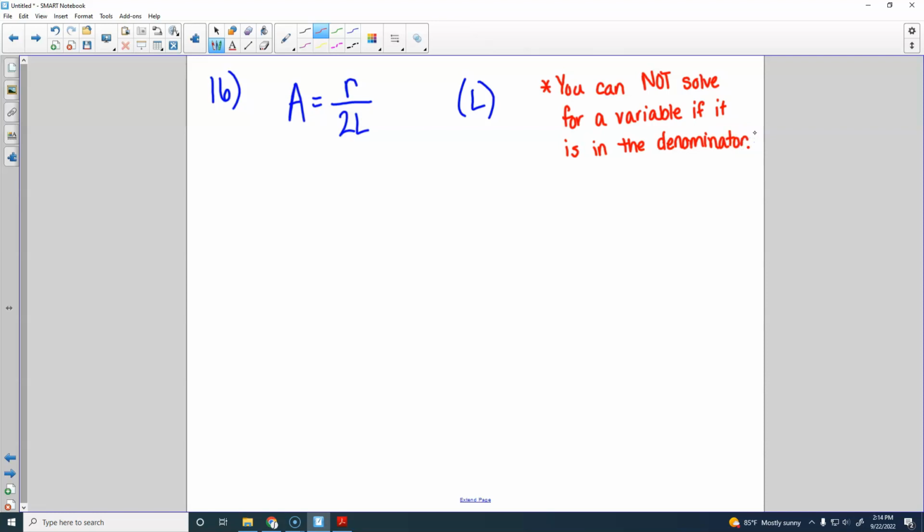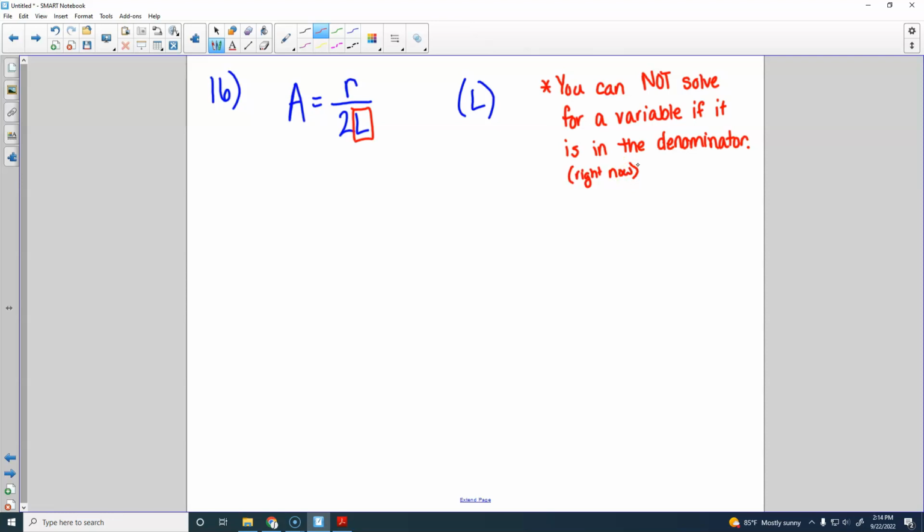Okay, so the L that we are trying to get by itself right now is in the denominator of that fraction. You can't solve for a variable that's in the denominator right now.